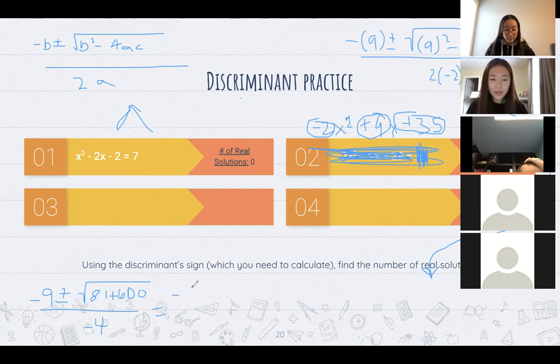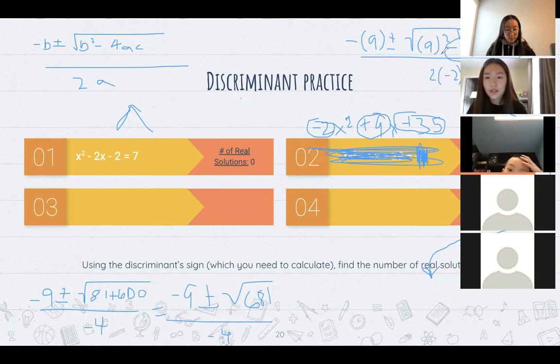Is that 81 plus 600? Where's the 600 from again? This 600 is from the 4AC part. So, oh, it's minus. Okay, never mind. 681. What factors into that?